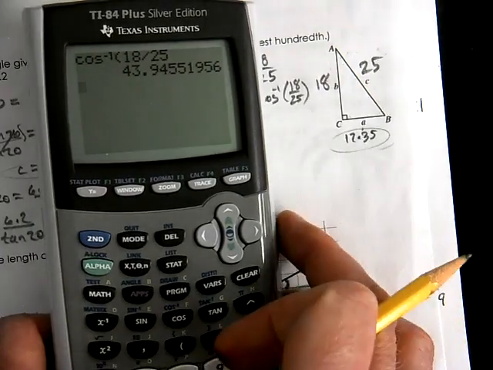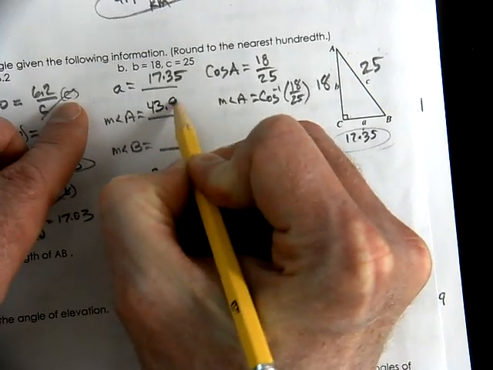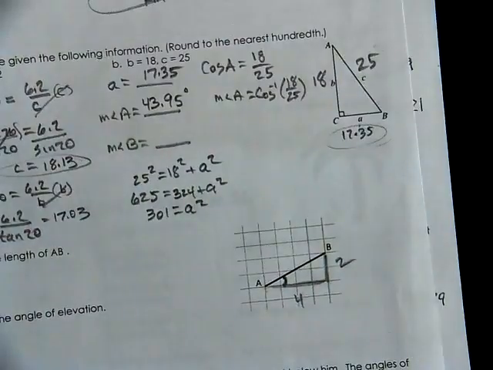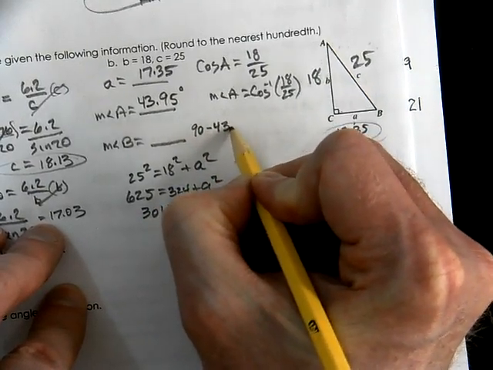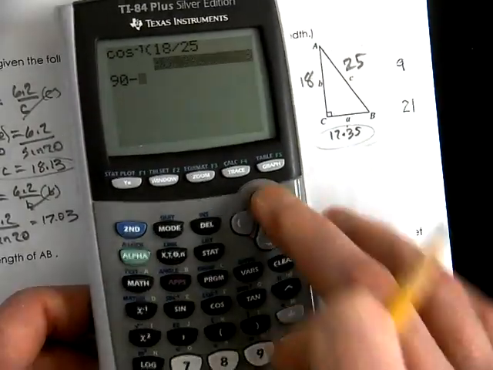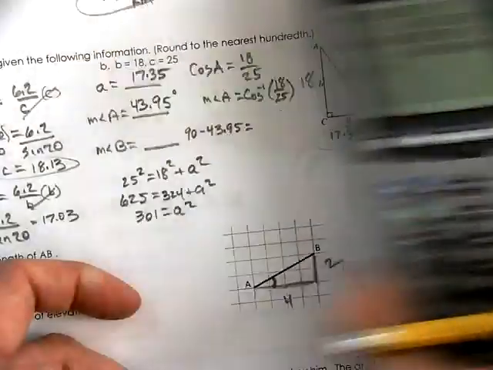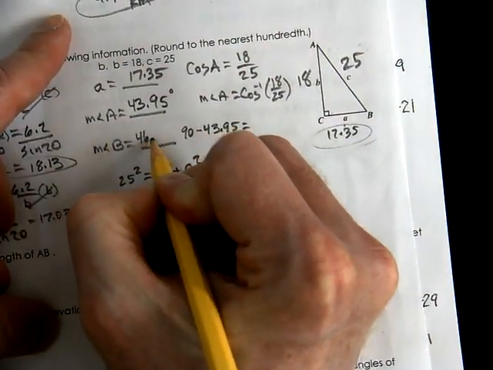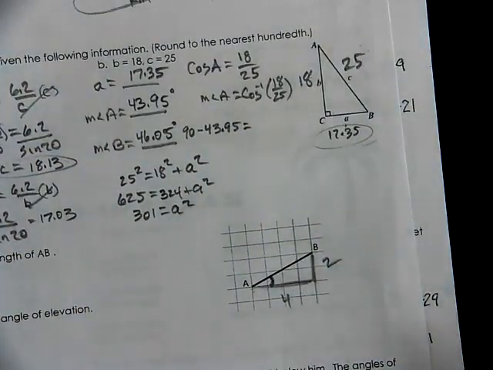It's a 43.95 degree angle. And then if we take 90 and subtract 43.95, we're going to get 46.05. Worked out great.